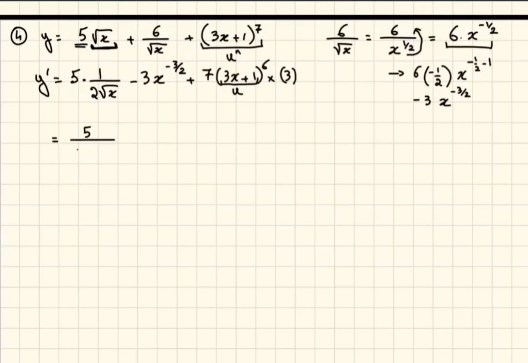It becomes 5 over 2 radical x minus 3 x exponent negative 3 over 2. And for this one, we need to bring it down to make it positive. Plus, you can multiply the 7 with the 3. It becomes 21 (3x plus 1) exponent 6. And we're not allowed to distribute because we have exponent.